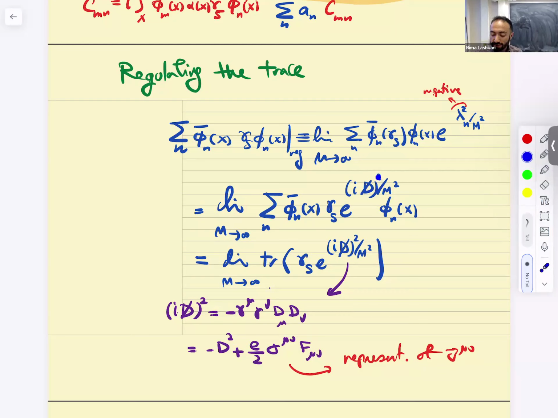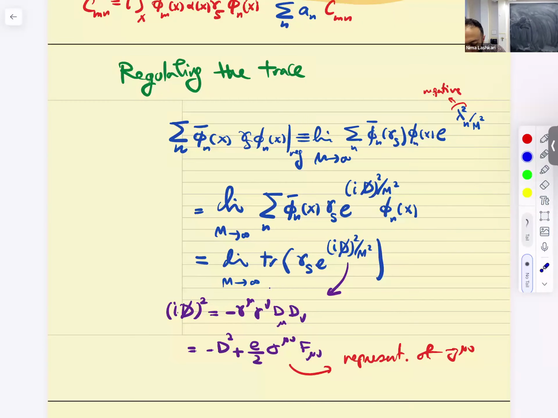So that's just i D-slash squared over M squared inside this expression, and taking the limit of M going to infinity. Is that good? So we have to calculate this trace, basically. That's all we need to calculate.